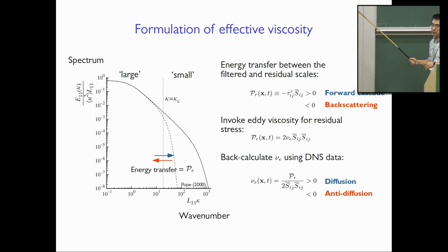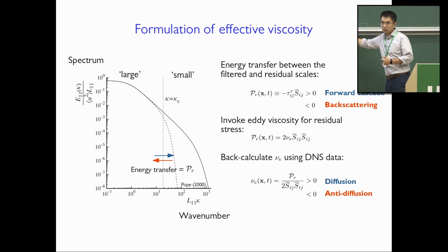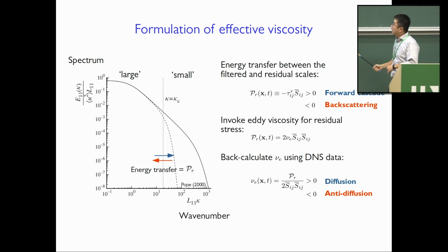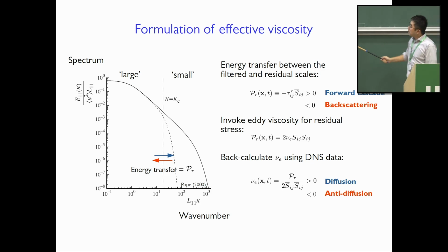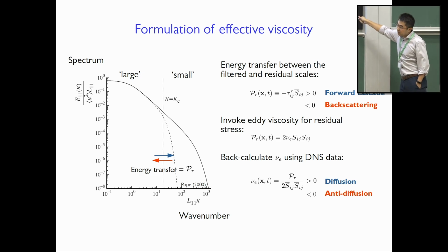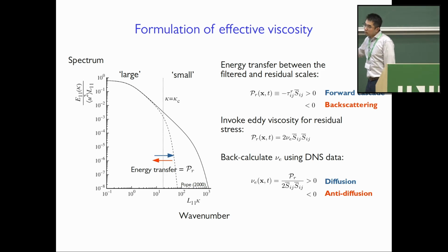Because we are doing DNS, we can take the DNS data and back calculate this nu E. That's exactly what we did. We take these two definitions of the PR and back calculate nu E. Same as PR, nu E can take either sign. If it's positive, then it's just the normal diffusion we're used to. If it's negative, then that's anti-diffusion.